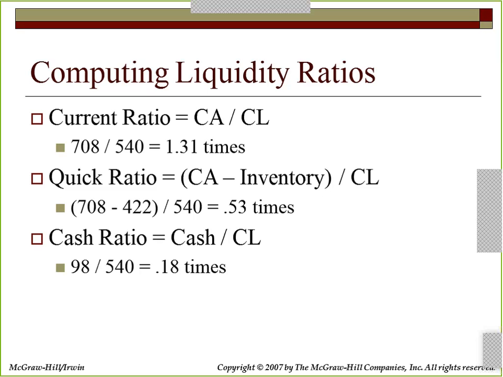So by subtracting inventory, you're liquidating the fastest assets that you could get rid of. And if the inventory doesn't sell very quickly, it doesn't matter because you've already subtracted it from the numerator. So the quick ratio is current assets minus inventory divided by current liabilities.